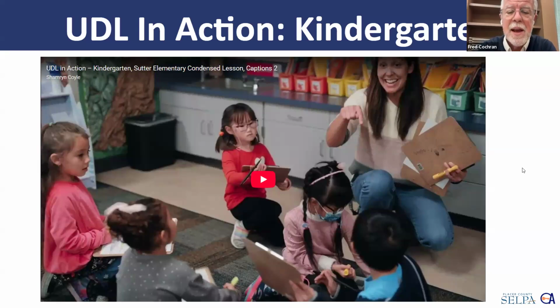We were able to do a series of videos, ranging from the kindergarten age group all the way through to the high school level. What we want to do today is share this video with you and make some notes on what you see and what questions you might have, and then we'll come back together and share some of those observations with each other.